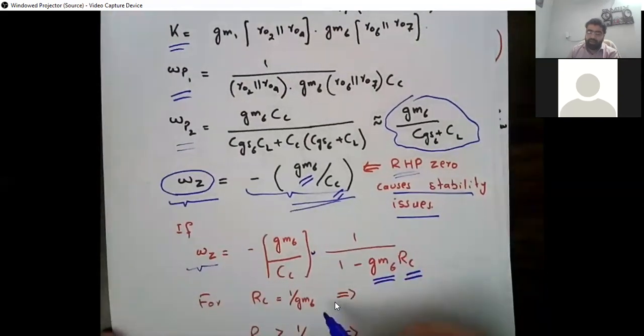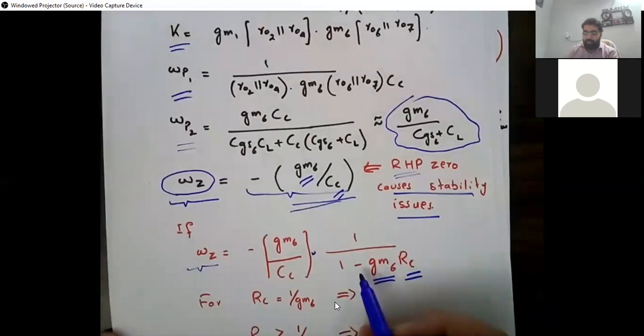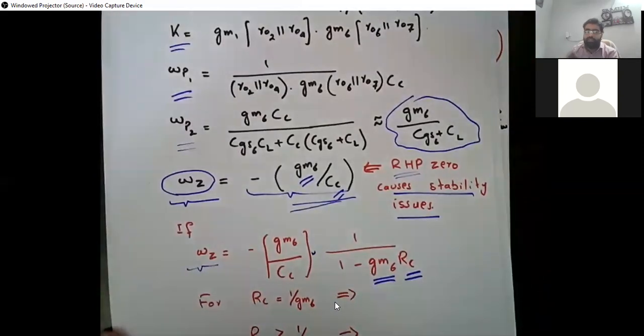So if I make the value of RC equal to 1 over GM6, what's going to happen? The effect of omega Z, or the zero, will be totally gone.